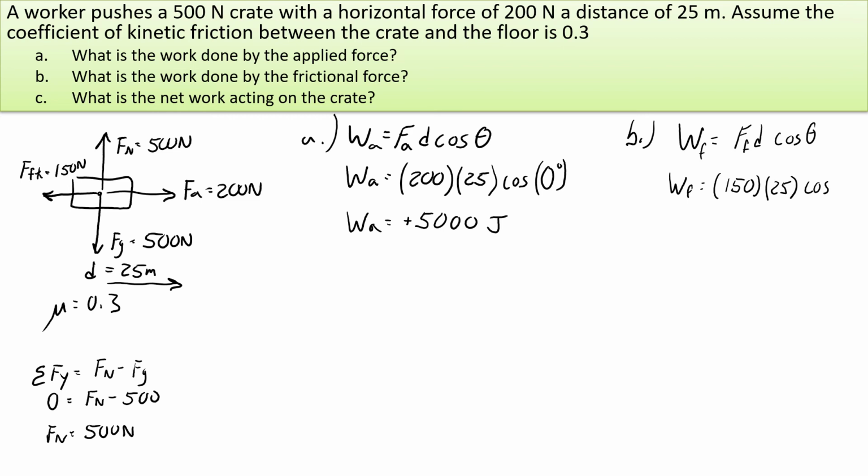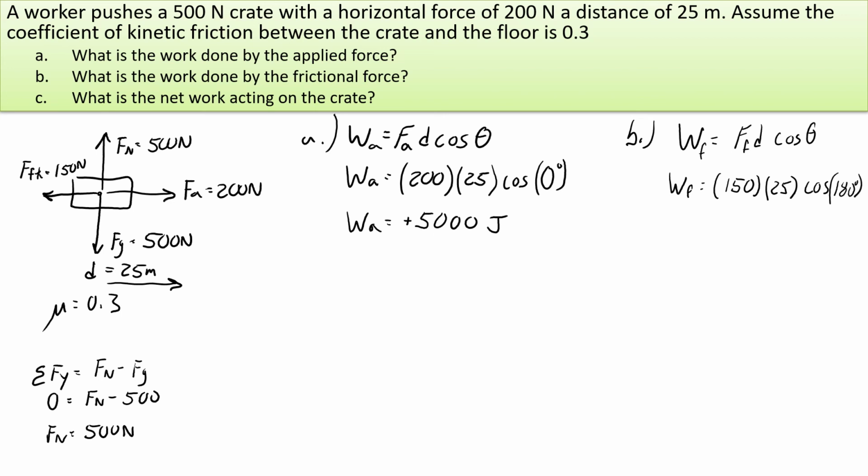So here is your force vector. The displacement vector is pointing to the right. What is the angle between the displacement and the force vector? Hopefully you can see that is 180 degrees, and that's what we're going to plug in for the angle.